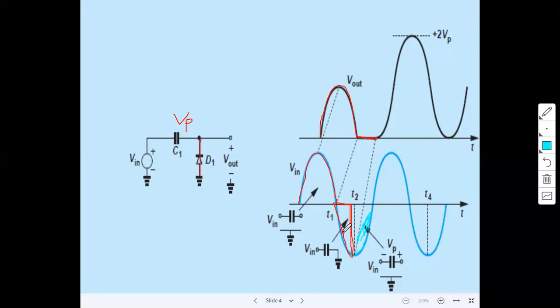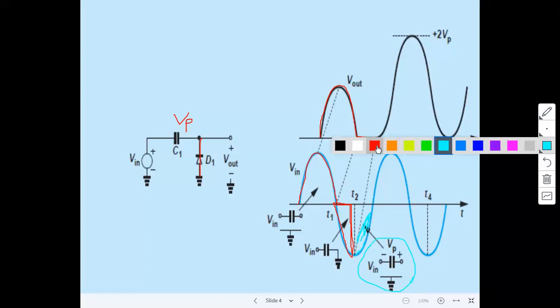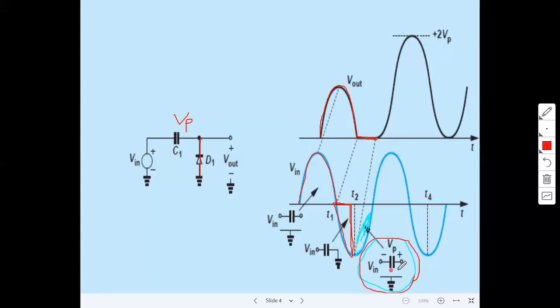During this interval, the capacitor charges to the maximum voltage. Now, the diode never conducts in further cycles. Simply, the equivalent circuit is like this. The capacitor's second terminal is connected to the output, and the capacitor's left terminal is connected to the input. So whatever change occurs at the input, the same change appears at the output.